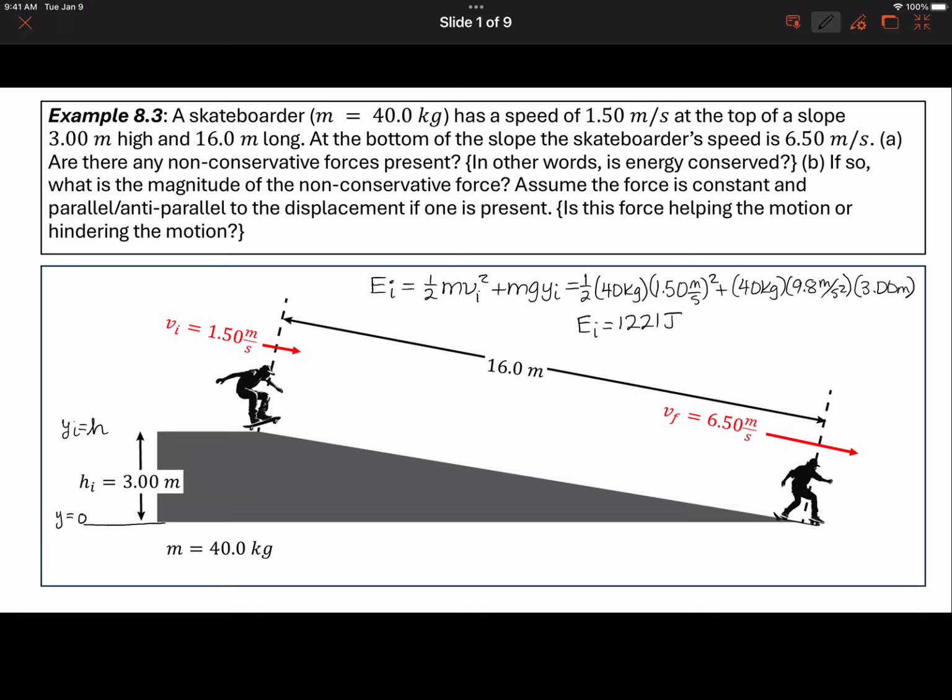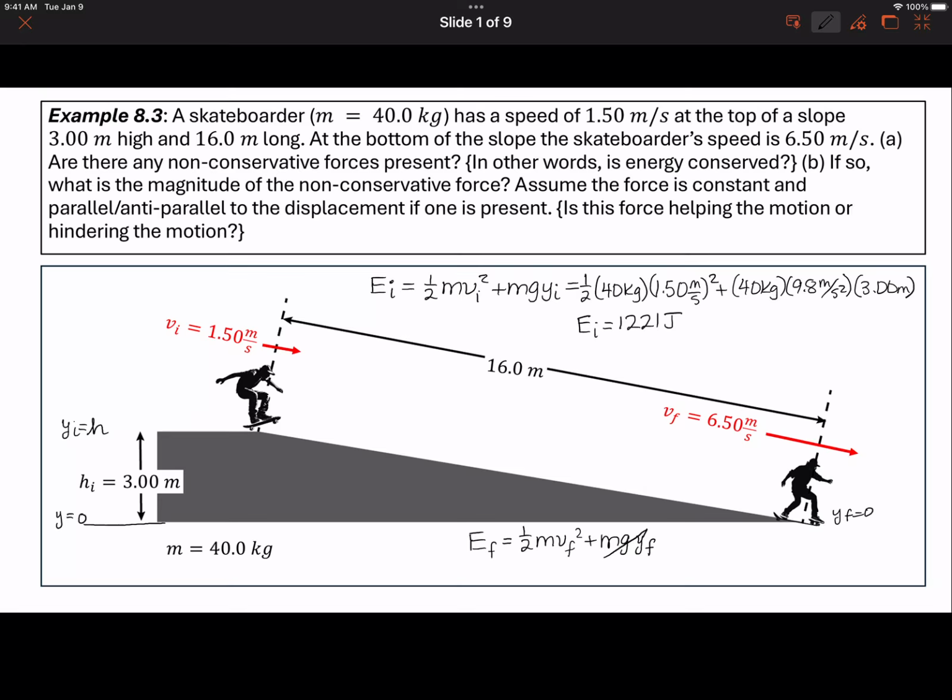All right, well, the next would be to determine what the energy is at the bottom. And so we would want to find the final energy of our system, which would be the kinetic energy final plus the potential energy final. But our final position is just 0 because we're back on the ground.